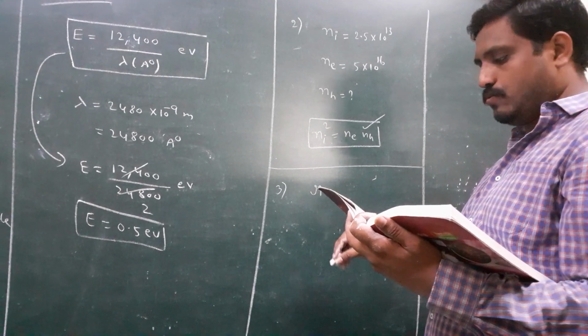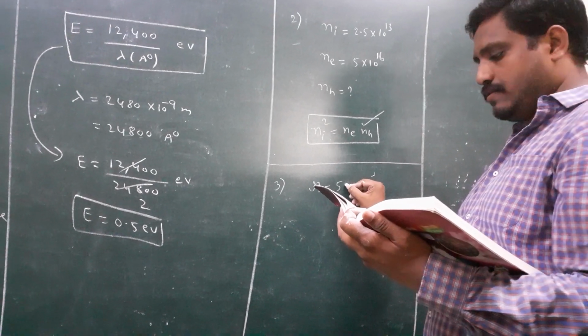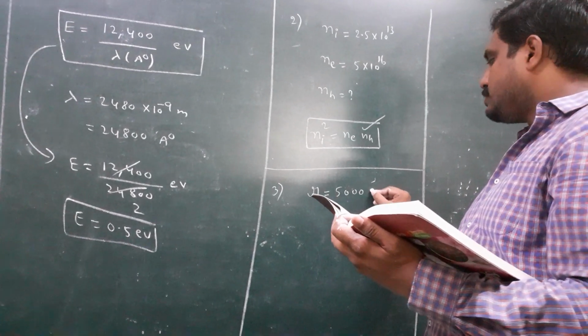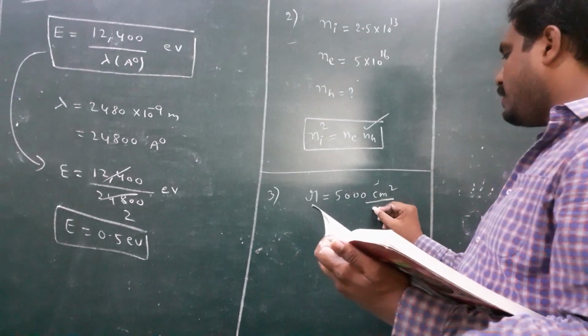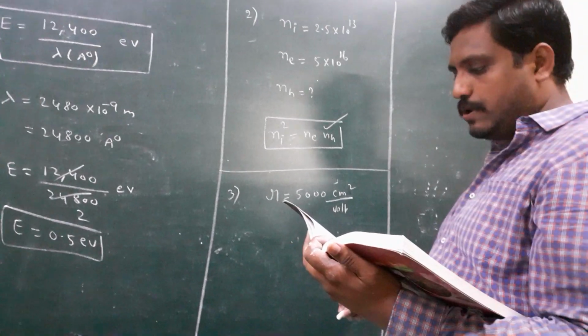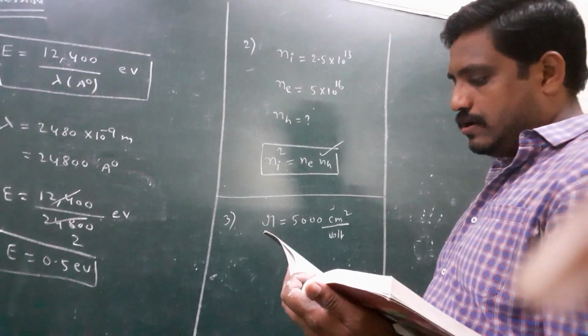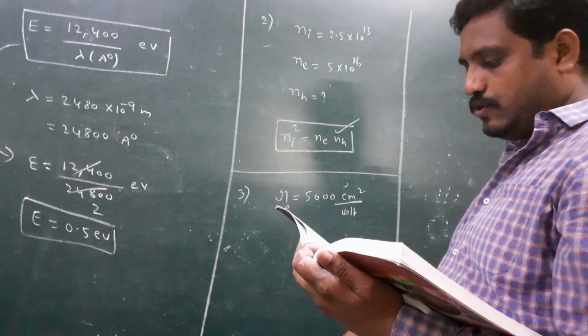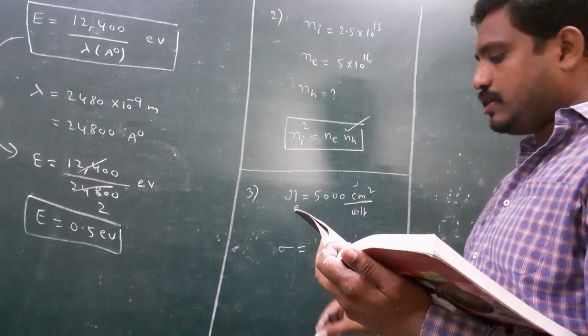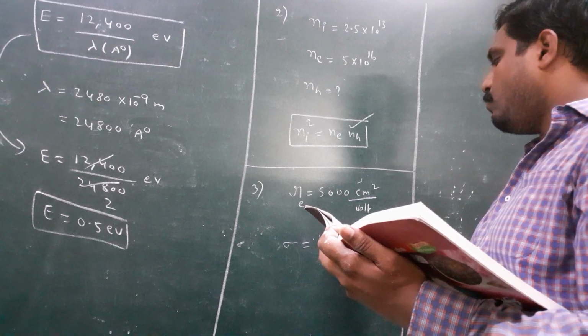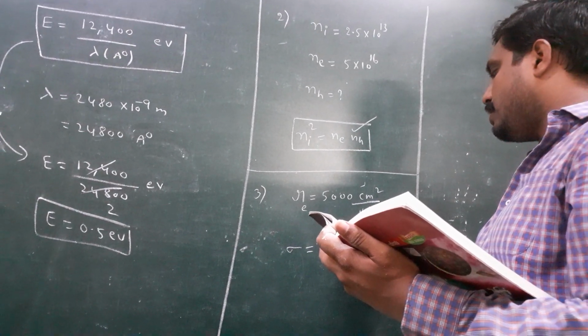Mobility is mu. The mu value is given as 5,000 centimeter square by volt second. This is the mobility of electron, mu e. Conductivity sigma is also given. Sigma is given as 5 mho per centimeter.